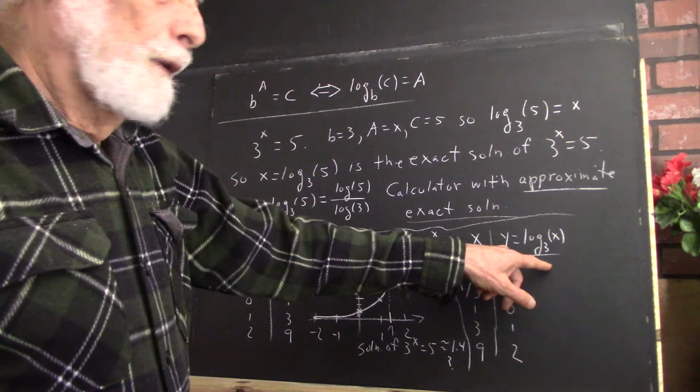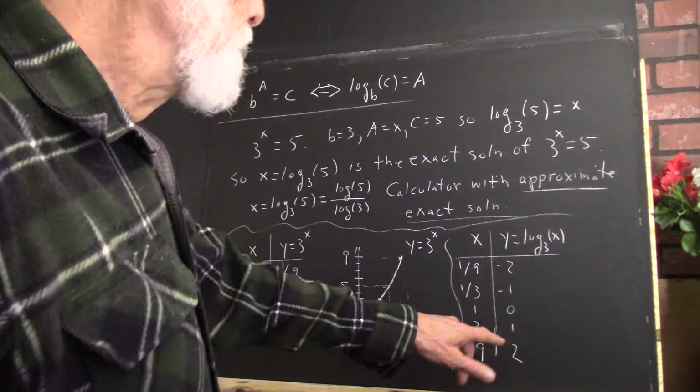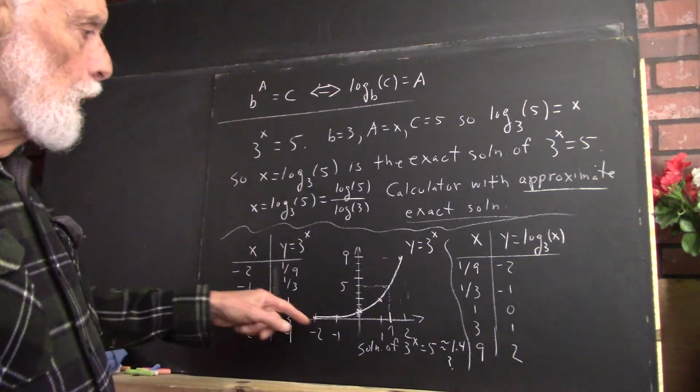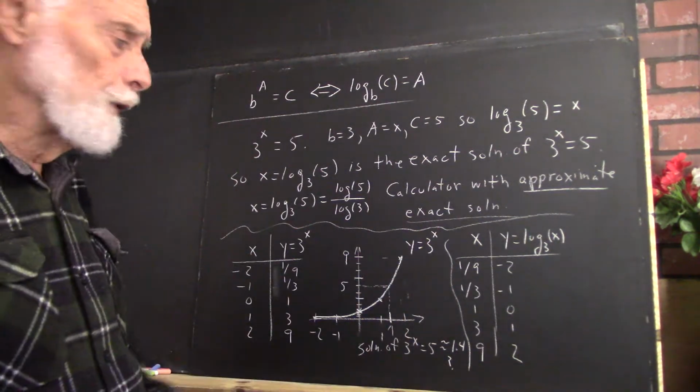And we can easily graph this now. And the graph is going to have points with the same coordinates as this graph, but the coordinates are going to be reversed.